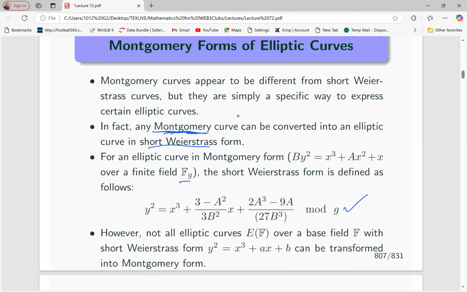If you have this, you can get its equivalent in the short Weierstrass form like that. Remember, it's supposed to be y squared is x cubed plus x squared. Is it x squared or just x?